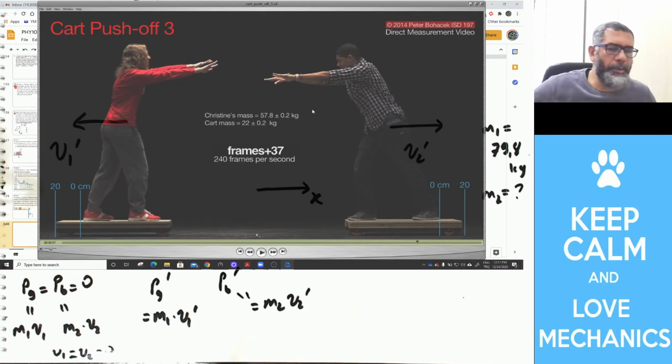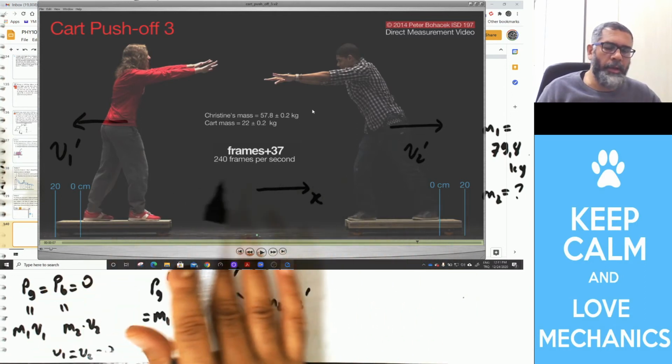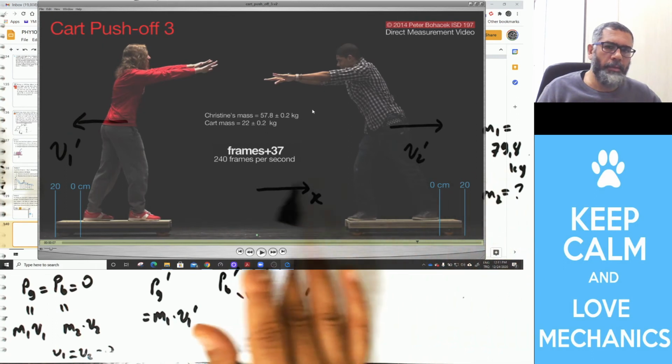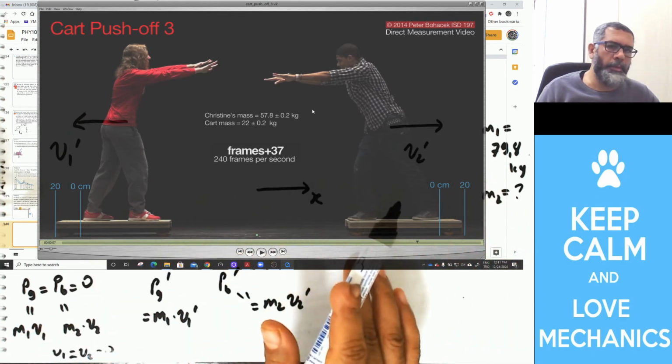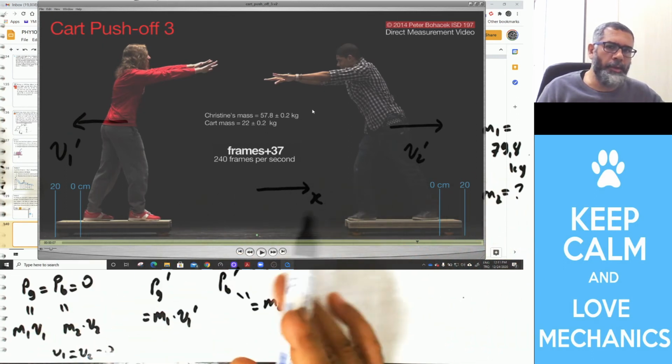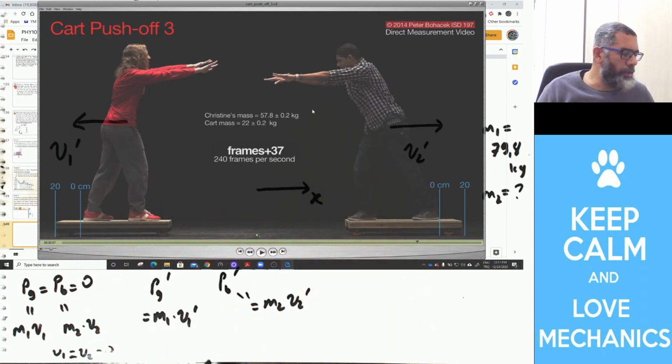The system has momentum in only the x direction. There is no momentum in the y direction. So we give the direction information as the sign of their velocity components. v1 prime is going to be negative and v2 prime is going to be positive.